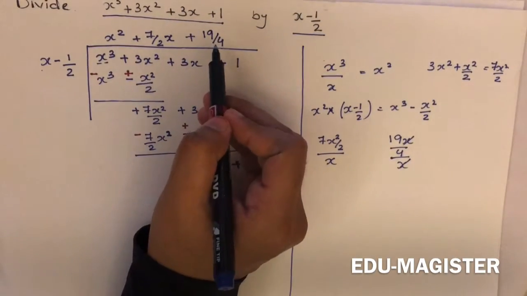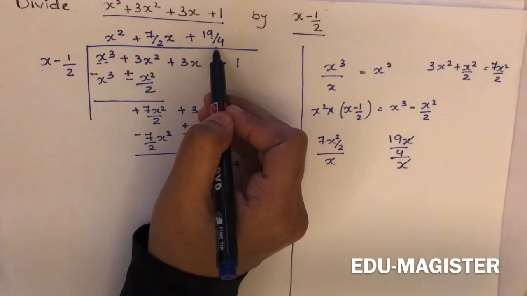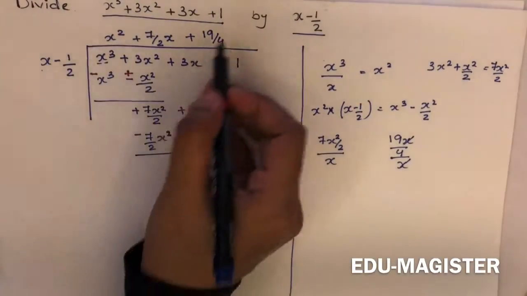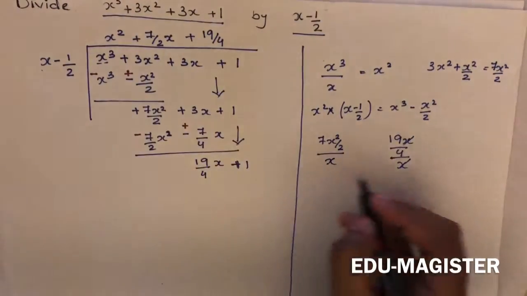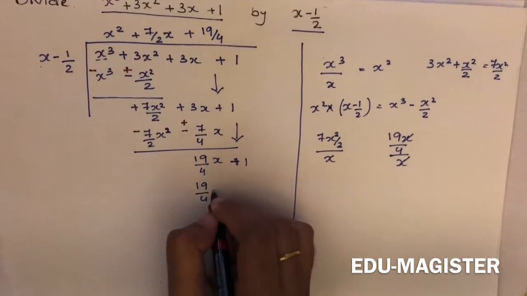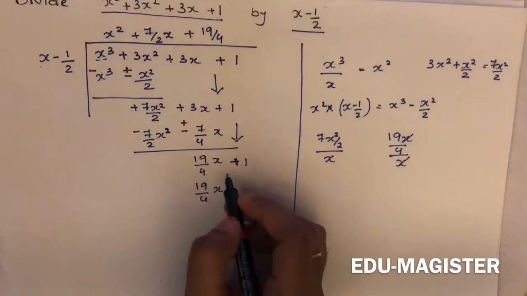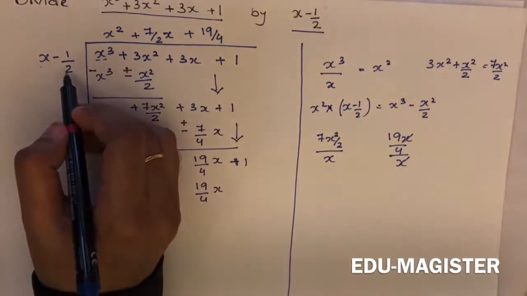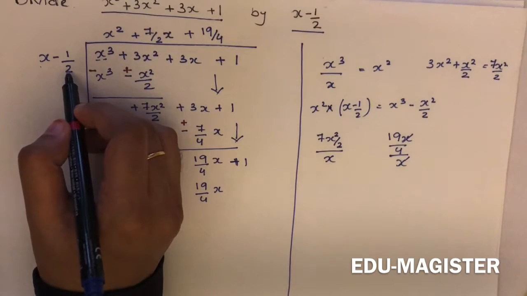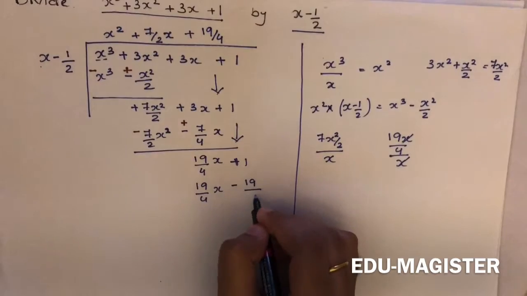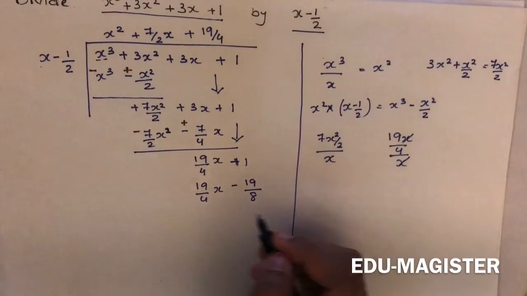So now multiply the new term of the quotient with the divisor. Multiply it back. 19 by 4 into x is 19 by 4 x. Then 19 by 4 into minus 1 by 2 is minus 19 by 8.